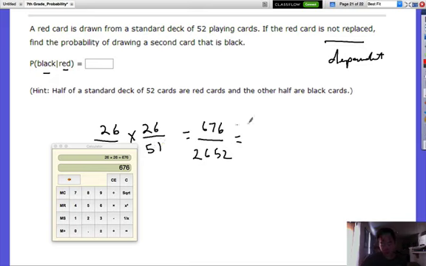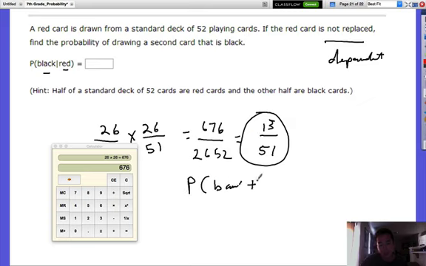And it's going to be reduced down to 13 out of 51. The theoretical probability of getting black and then red is 13 out of 51. Okay, and then we can change that into a decimal. That's going to be approximately 0.2549.